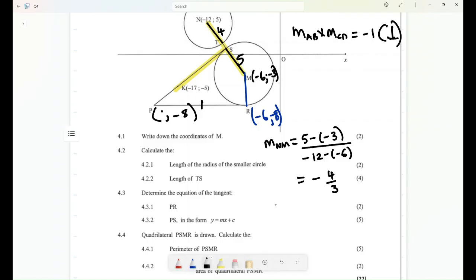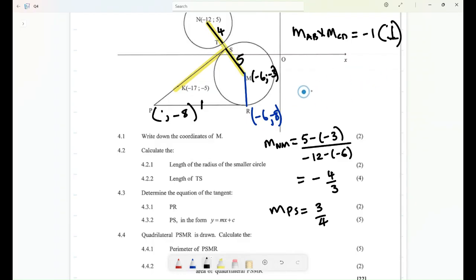Okay, so now the gradient of the tangent PS, or you can just say the gradient of PS, is going to be what? The reciprocal of this, with a changed sign, okay? So it's going to be 3 divided by 4. If I'm having a divided by b multiplied by negative b divided by a, this and this will cancel, this and this will cancel, but we'll be left with negative 1.